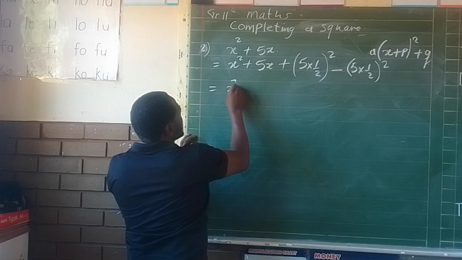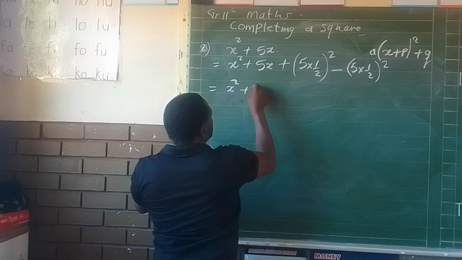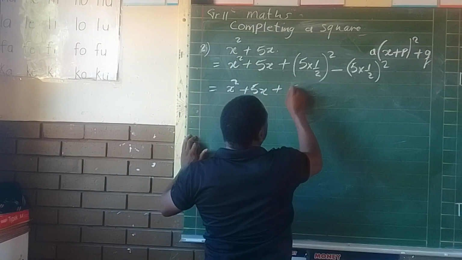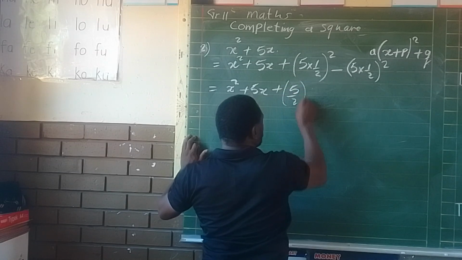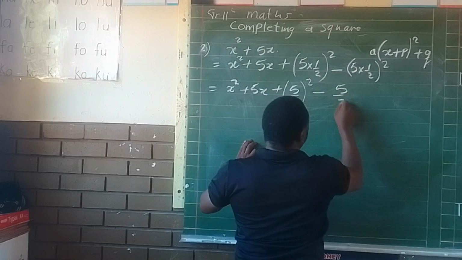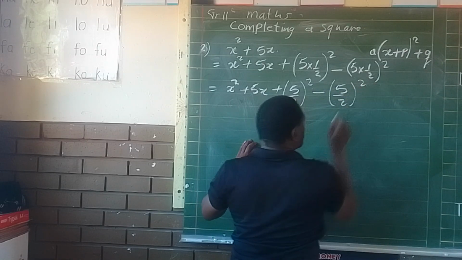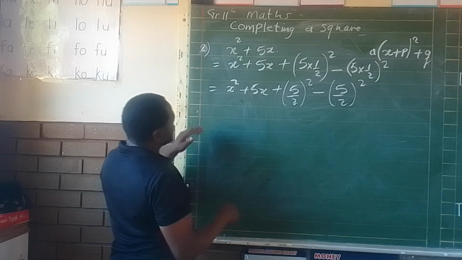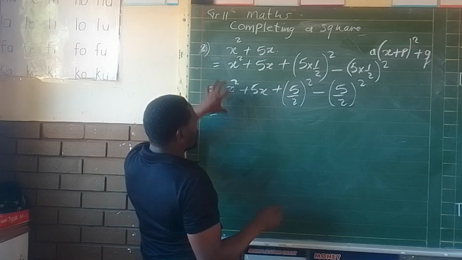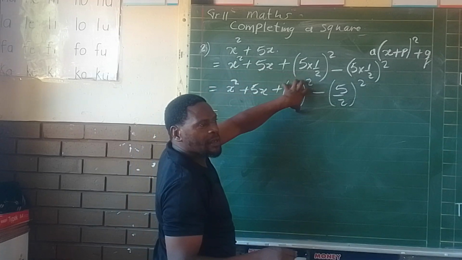It's x squared plus 5x plus 5 over 2 squared minus 5 over 2 squared. This helps us to do what? To get a factor.